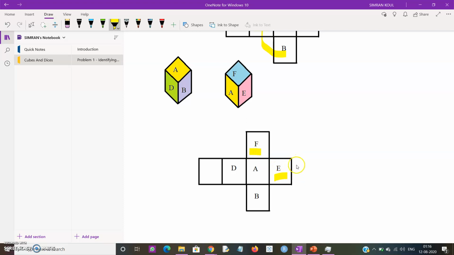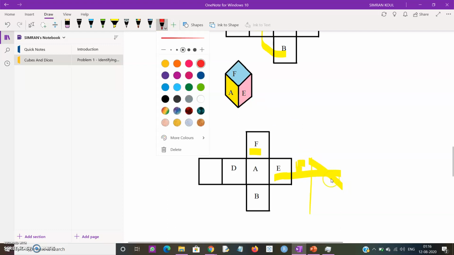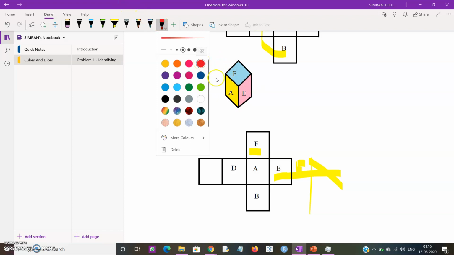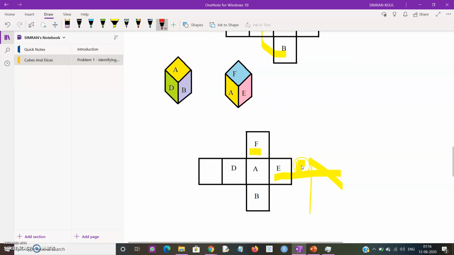But if you fill F here, you also have to fill E. But it says that E is to the right of F. If you fill F here, you don't have any place to fill E. So this place is not appropriate for F. This place is not suitable for F.